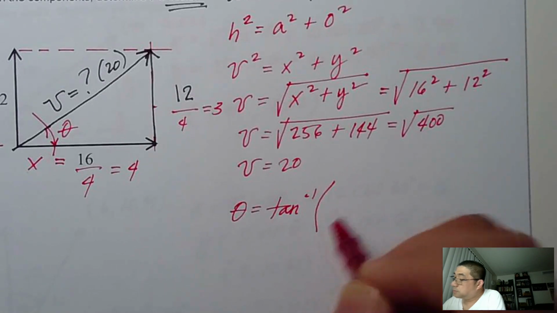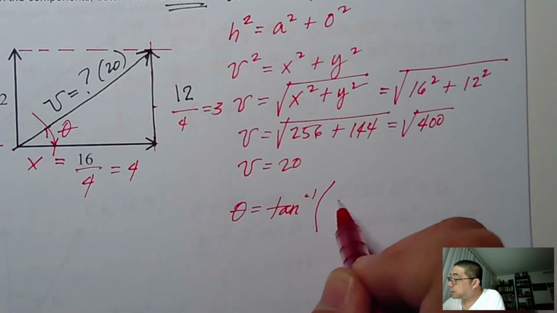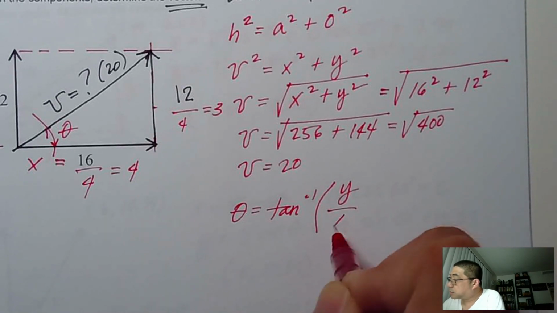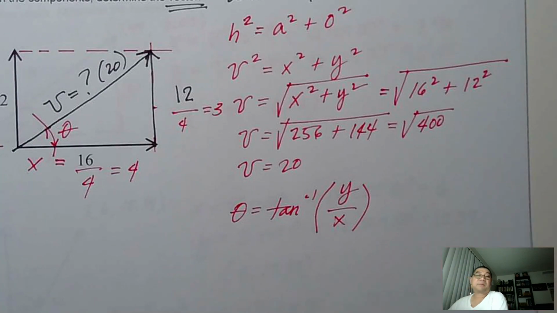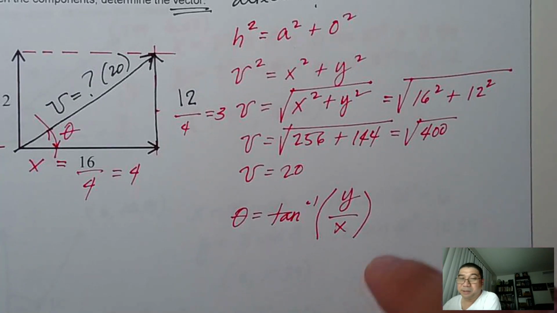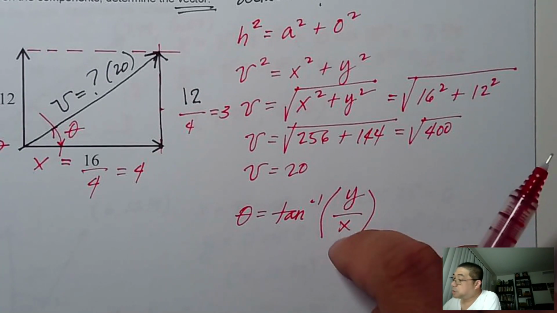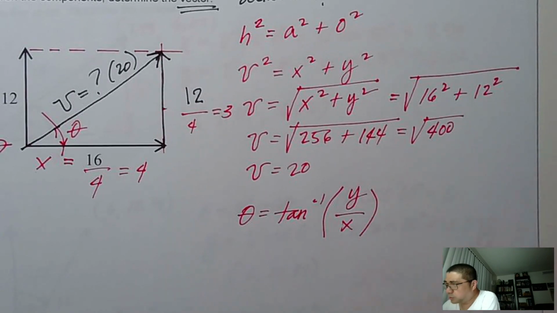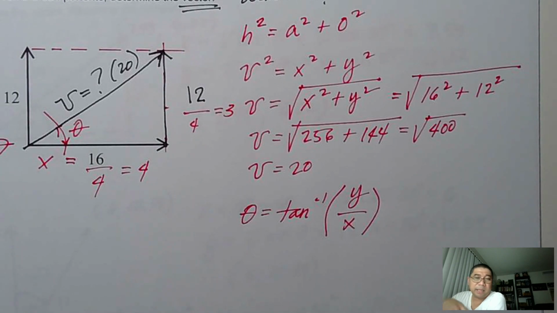Arctangent of whatever that value is, and that is your opposite, so that's y over x. So y over x, which is also known as your slope, the change in the y component divided by the change in the x component, which is rise over run, is simply your slope, and that is the trigonometric function of tangent.